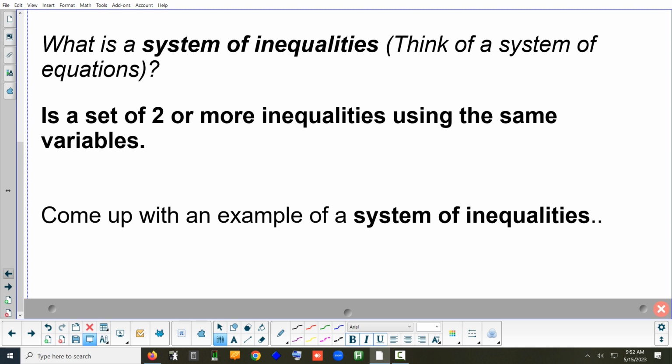You have to come up with 2 different inequalities, and they each have to use the same letters, like the ones I just showed you in example 1 that we're going to do in a few minutes. So could somebody just make up some inequality? Let's put it in the y = mx + b form, but remember, it's not going to be an equals because it's an inequality.